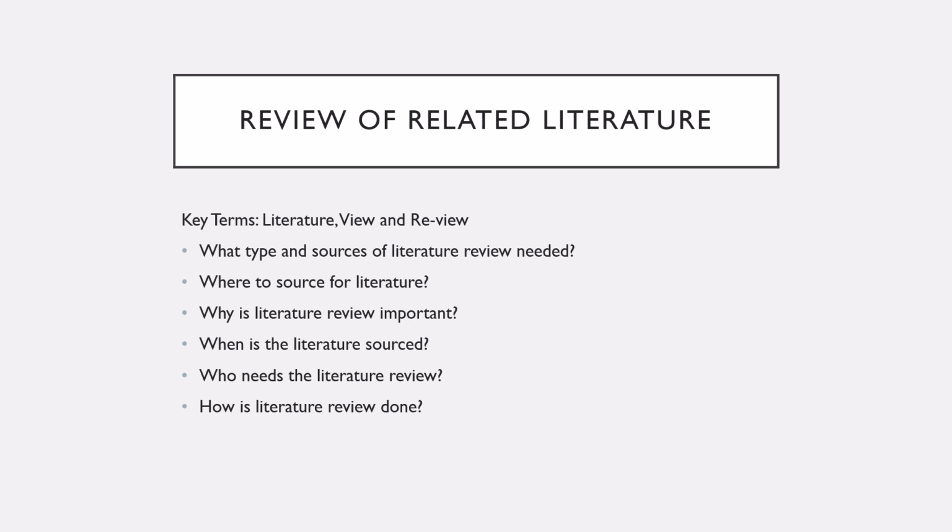Recent literature. Okay? If you are looking at investigating organizational culture, for example, you must look at literature on organizational culture at the global level, continental level, regional, and your local. How many authors, or how have they researched this area by previous authors, past authors, okay, scholars in the field of organizational culture.